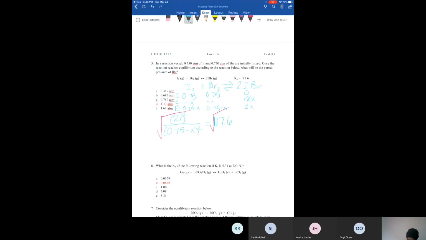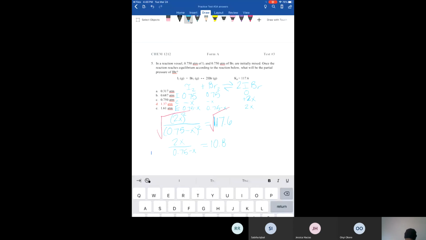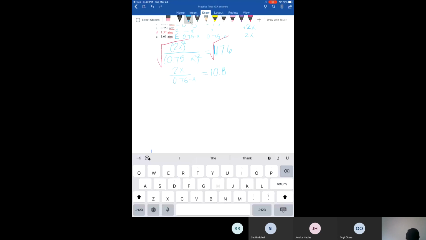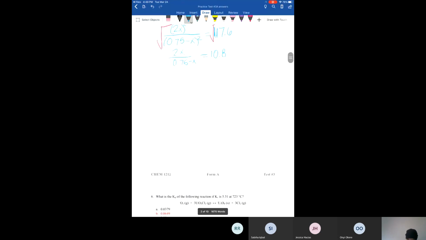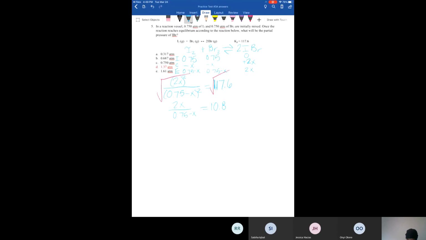Okay. So I multiply by 0.75 minus x on both sides, and I get 8.13.